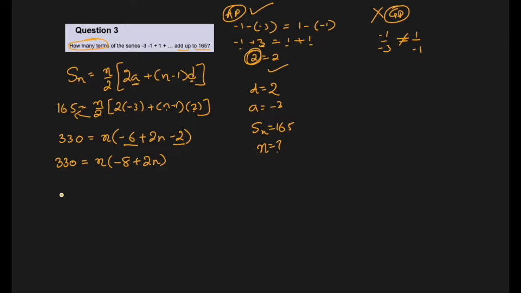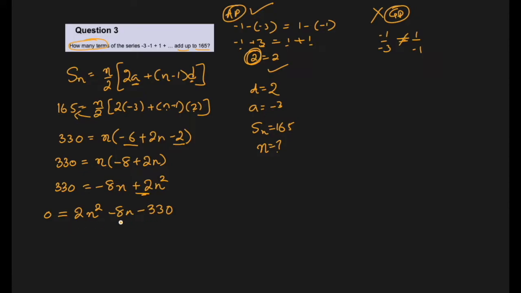So if I open this bracket now, I get 330 equal to minus 8n plus 2n square. Let's make it a quadratic by bringing 330 also to the right side. Normally people bring it to the left side, but because this is positive, I want to keep it positive. So 2n square minus 8n minus 330.